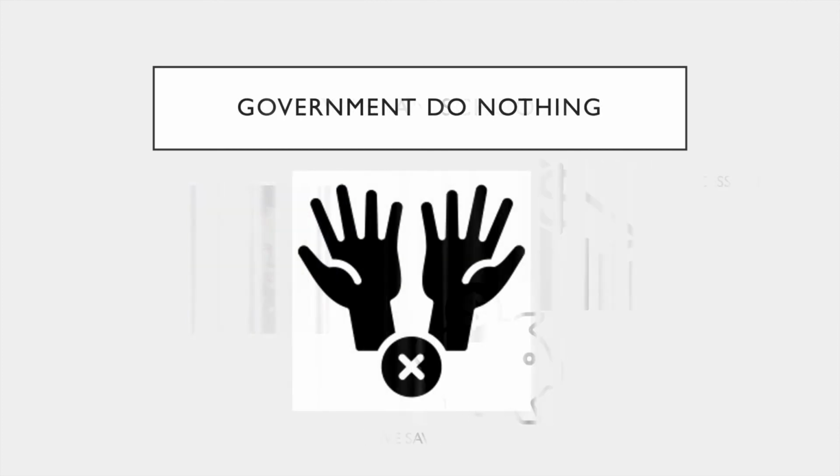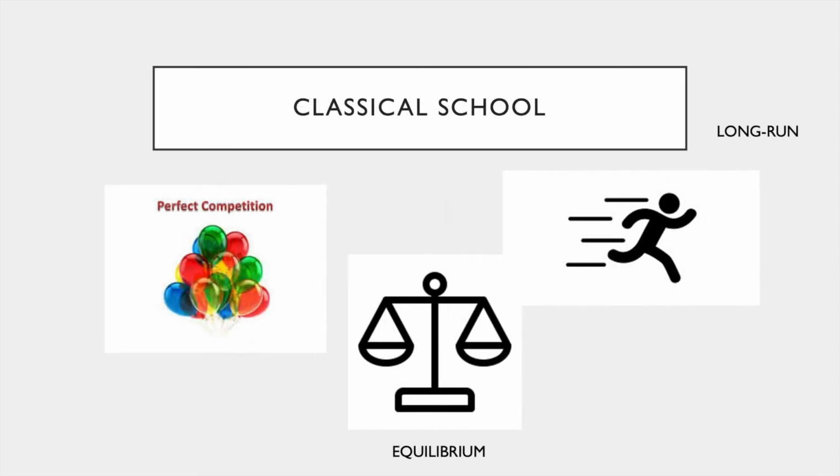On the other hand, a government that does nothing belongs to the classical school, which believes the market will return to equilibrium in the long run and government should not intervene in the market. Thus classical school assumes a perfectly competitive market.